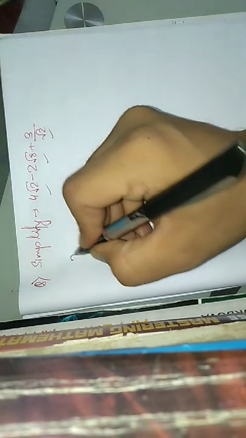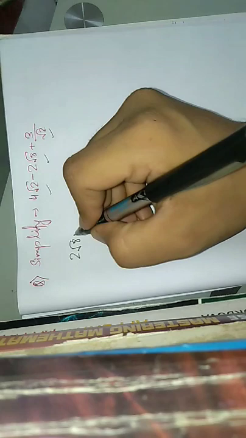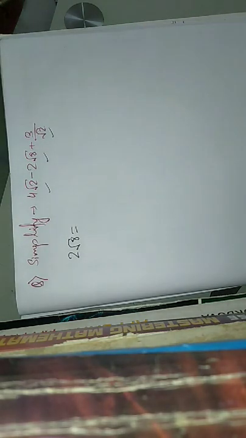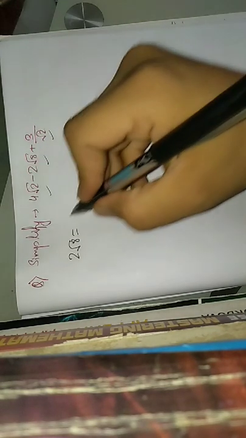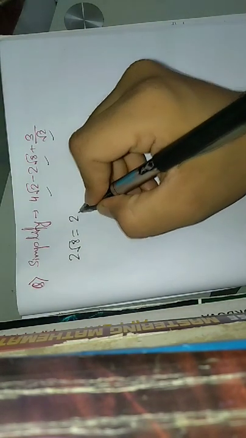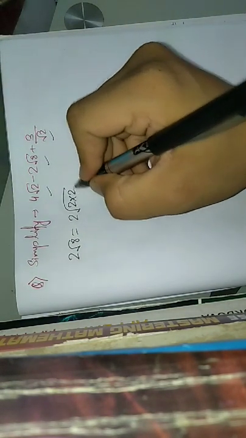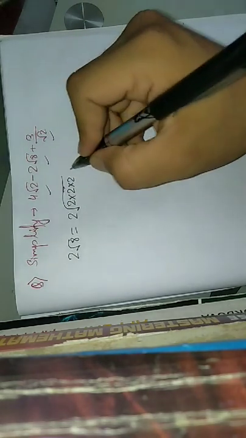You see, this is already simplified. You cannot do anything about it. Root 2 is in its simplest form, 4 root 2. So let's talk about 2 root 8. This is a square root, right? This can be written as 2 into root 8, means 2 to the power 8 to the 1 by 2, correct?